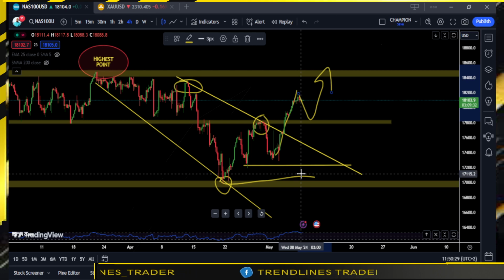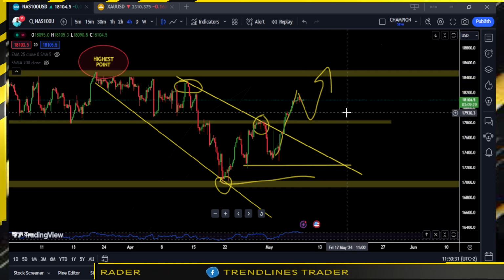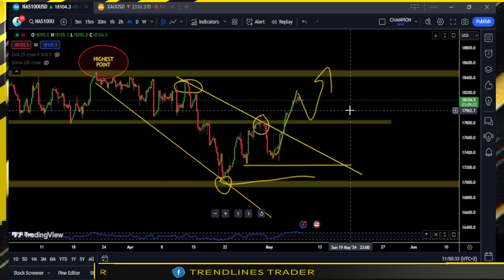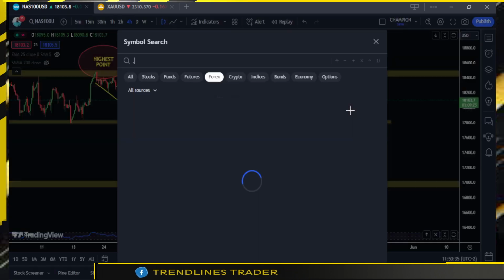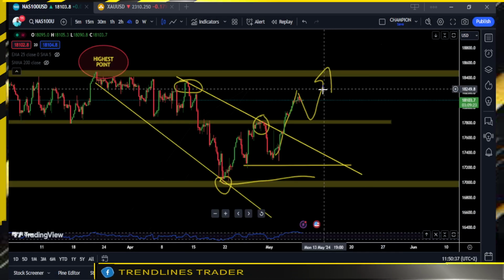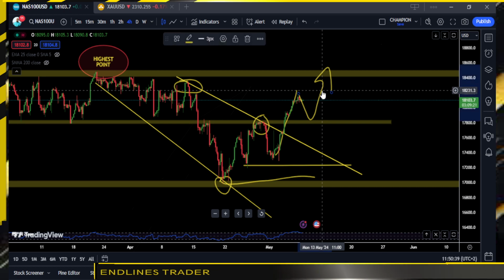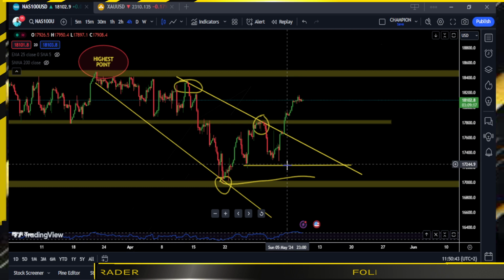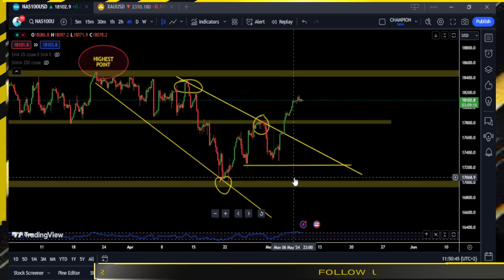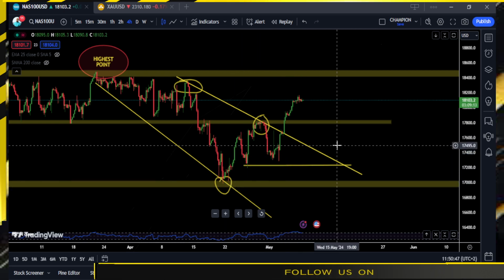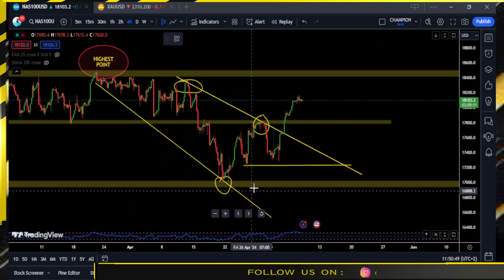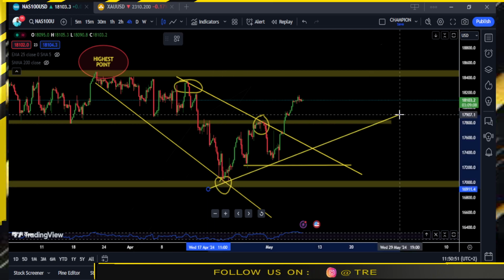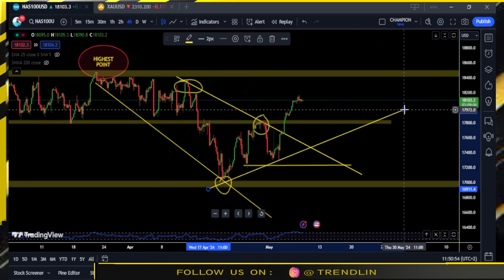One thing that I can show you, let's try to remove this so you guys can see again where I'm going with this. You can see that we have this type of structure forming here.